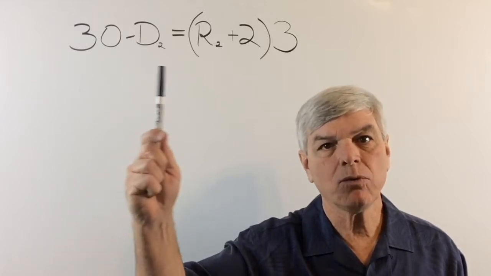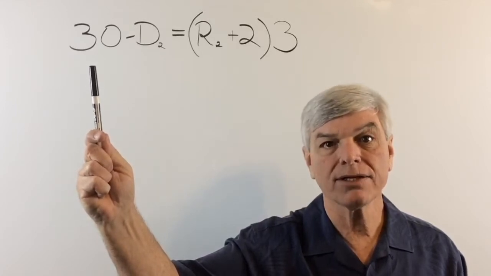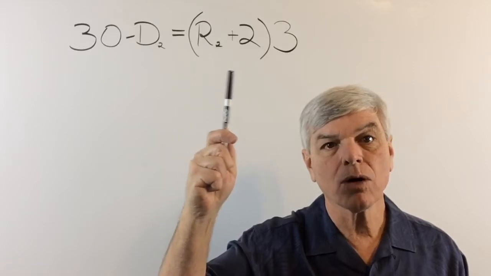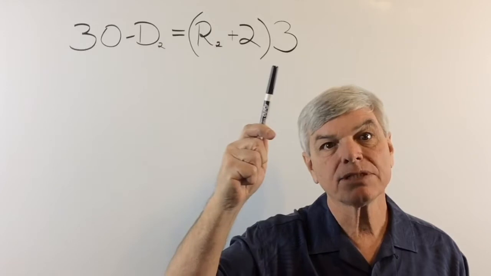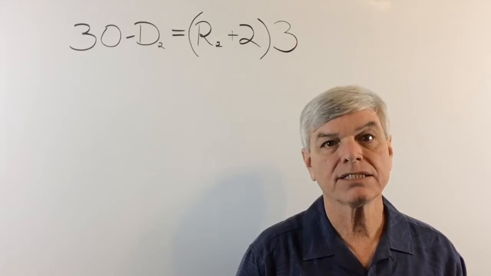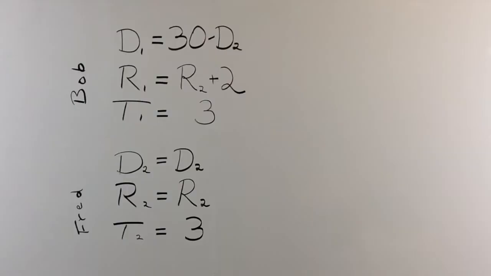And D1, and those are the values we put in for D1. Go back to the grid and look at that. Equals R1, and those are the values we put in for R1, times T1. And that's the value that we put in for T1. Okay, that's complete. Let's build a formula for the second body in motion.